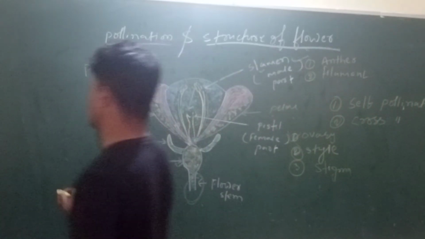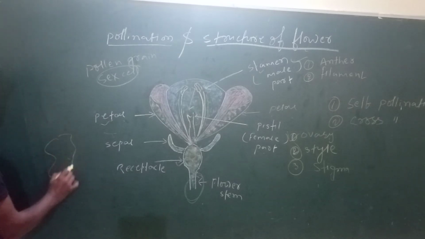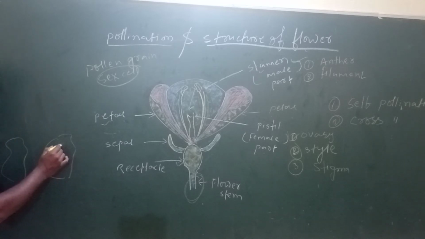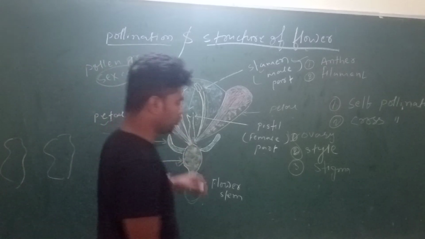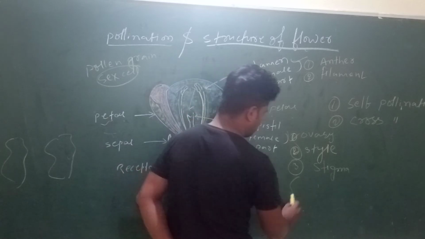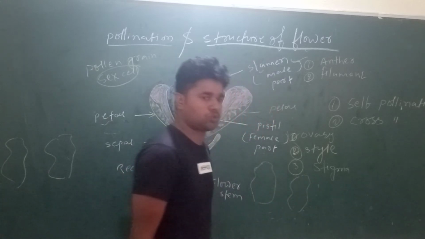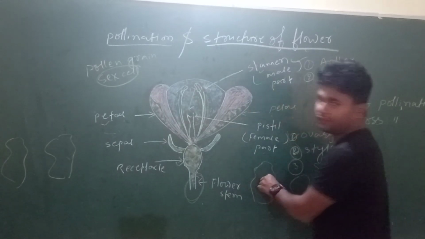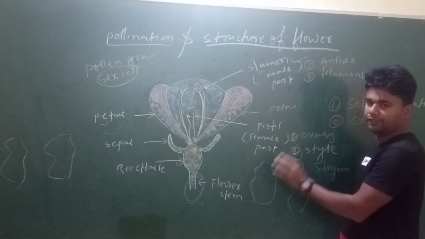Suppose this is the figure of one flower and this is the figure of another flower. Each flower contains a stigma, and these two flowers belong to different plants.